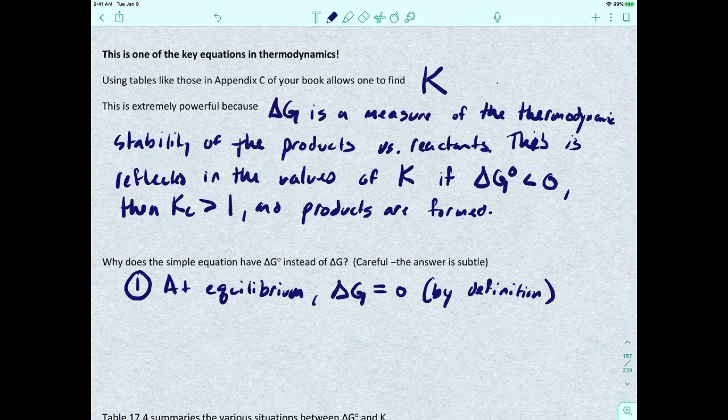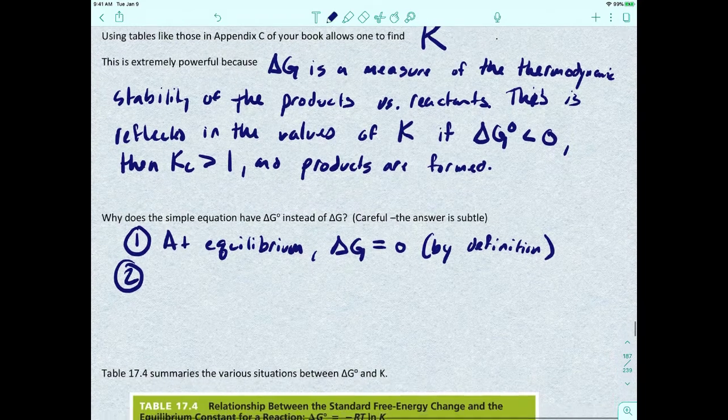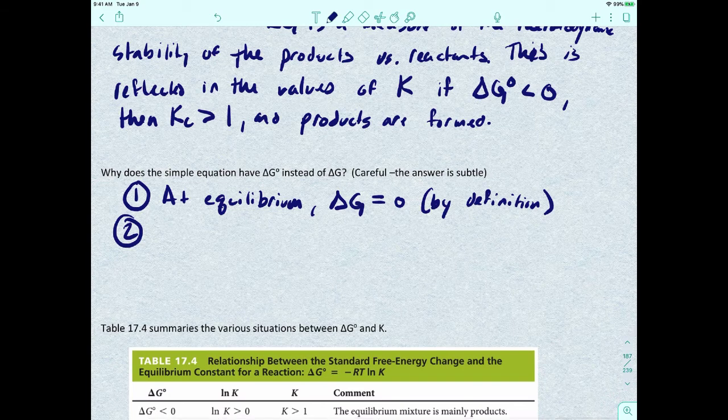The second answer is this. Delta G at standard state is a fixed measure of thermodynamics because it's based on standard states.